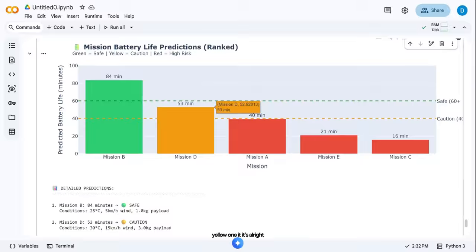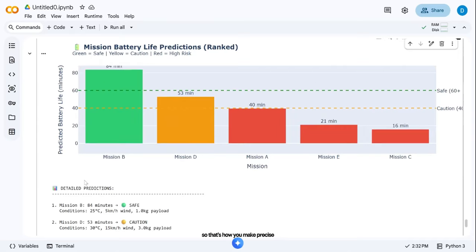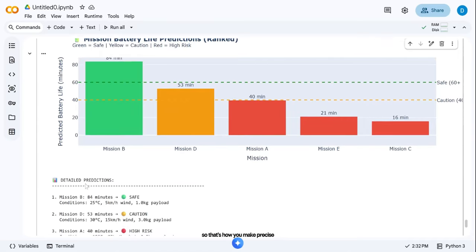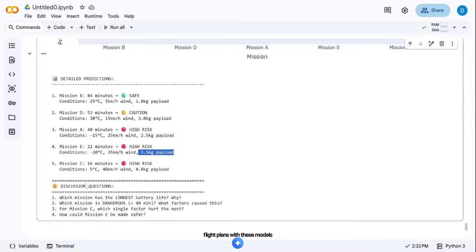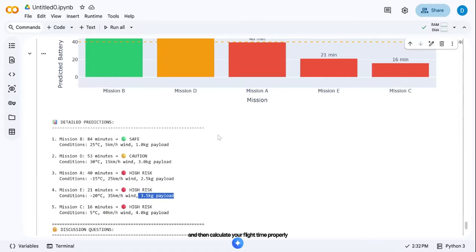The yellow one is all right, but I would be a little nervous because it's closer to the caution line of 40 minutes. This gap here is the error that the model is giving us.